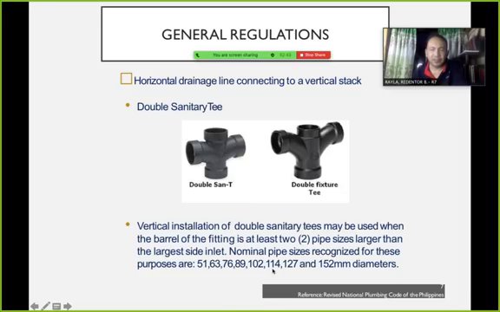What is 114 mm? We can translate that into inches, but we don't have that in inches, only in mm. 152 mm is 6 inches. So this one is 5 inches.